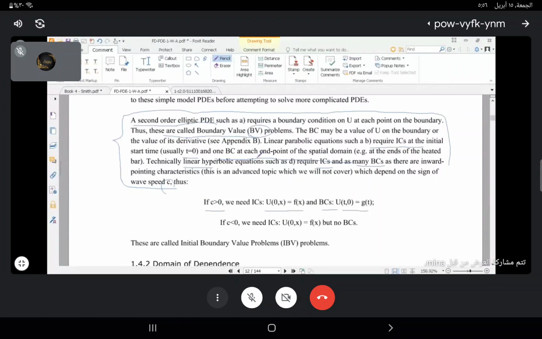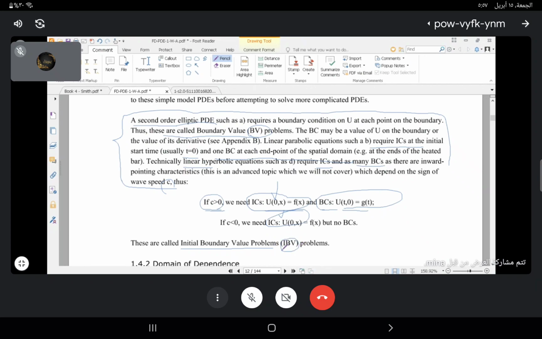For hyperbolic equations, the boundary conditions depend on the sign of C. In a hyperbolic equation, we always need an initial condition, but the boundary condition depends on the sign of the wave speed C. If C is greater than 0, we need a boundary condition, and in this situation the problem is called an initial boundary value problem, or IBVP.